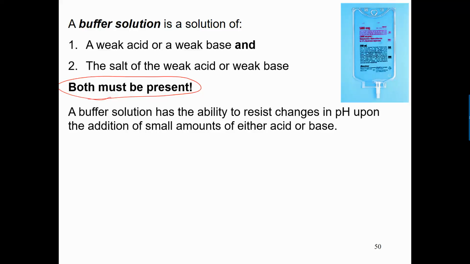Now, if you just have the acid, it will buffer changes that are only changes to the hydroxide concentration, because the acid will react with hydroxide. If I have just the acid and I add more acid, it can't buffer anything, because there's not enough base present to buffer the addition of acid. But if I have both the acid and the base, it will resist changes to both things.